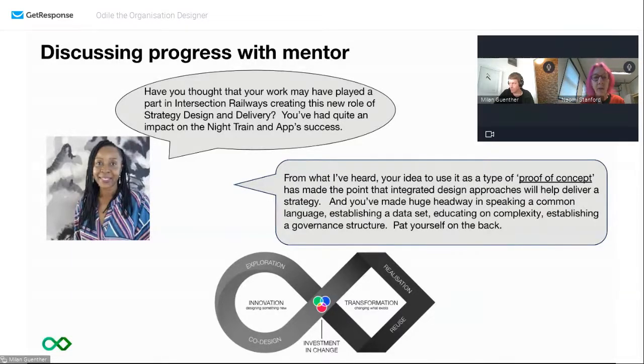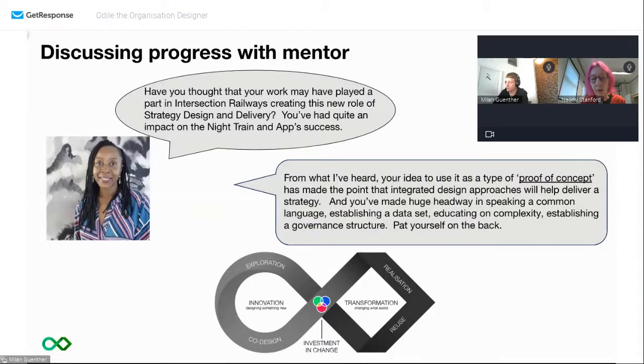Now her mentor is saying, have you ever thought that your work has now created this new role of strategy, design and delivery? And in the blogs on the topic, which is blog 4, you'll find that Odile is moving out of the HR function to report into this new role of strategy, design and delivery. And I think there's a very strong argument for organizations which are quite sizable to link design and delivery into strategy.